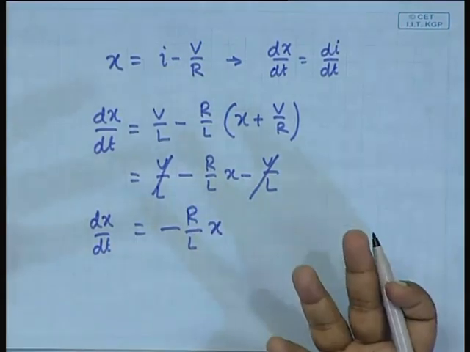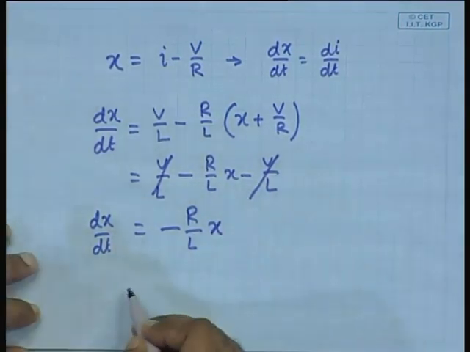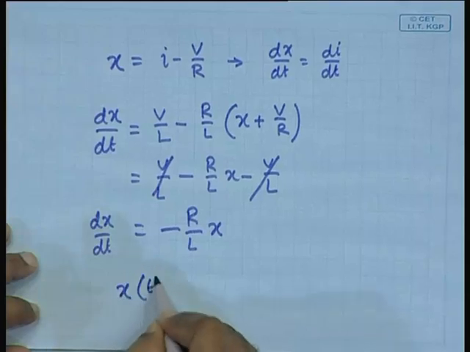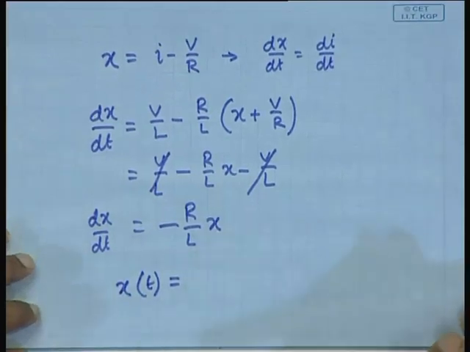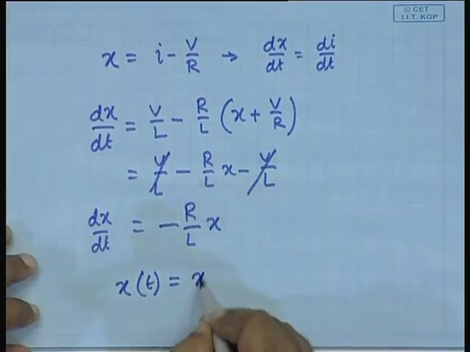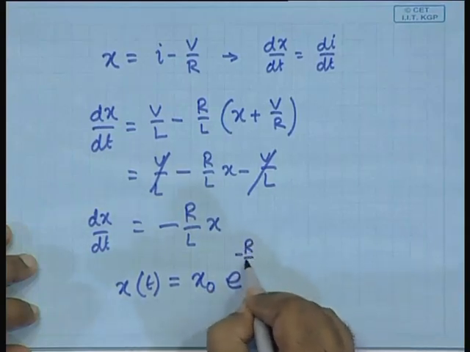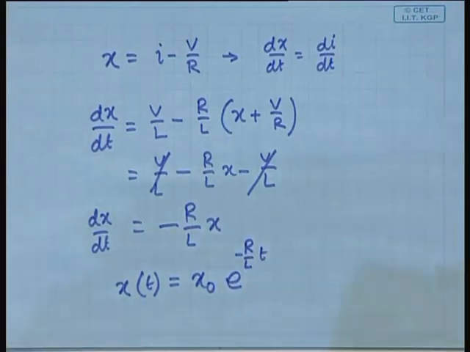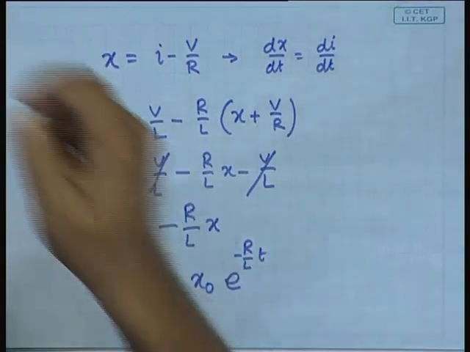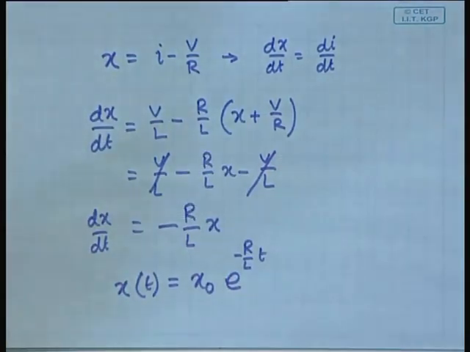Its solution you already know. What is the solution? X of t will be x naught e to the power minus r by L t. Okay. What is your x naught? X naught, see, if the initial current is 0, the x naught is the initial deviation from the final equilibrium point. How much is that?